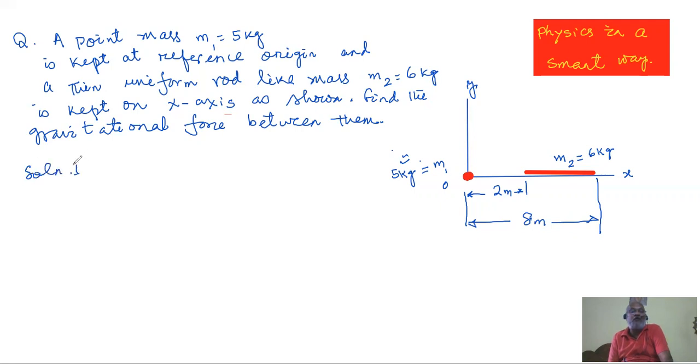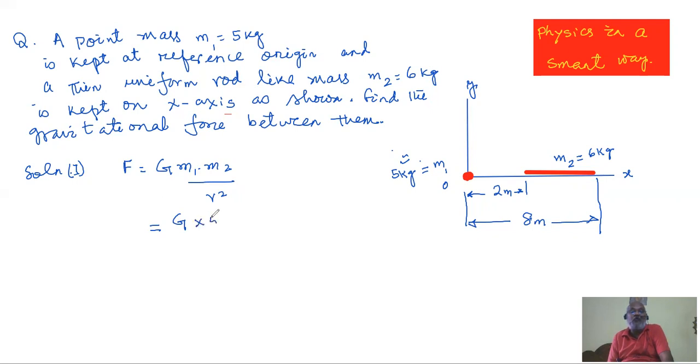For solution one, we pick up Newton's law of gravitation, that is G into M1 M2 by R square. There is no other law. Next step, we keep G as G. Don't try to put in its numerical value. Keeping G as G does us no harm.